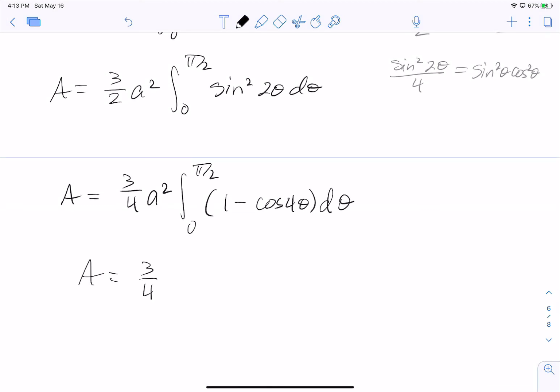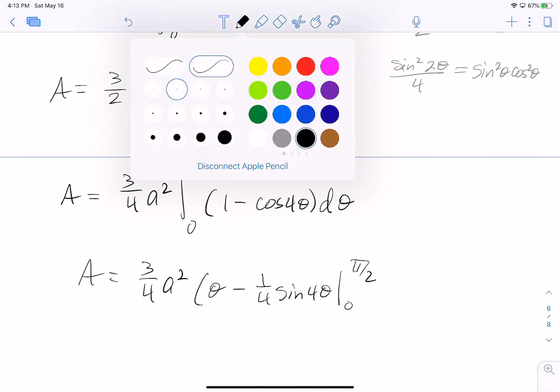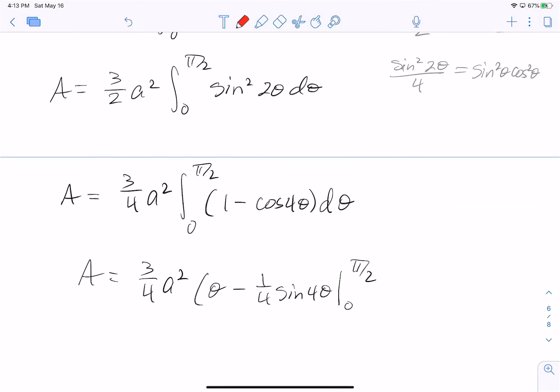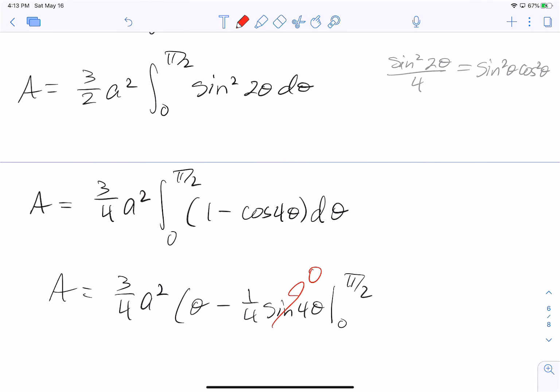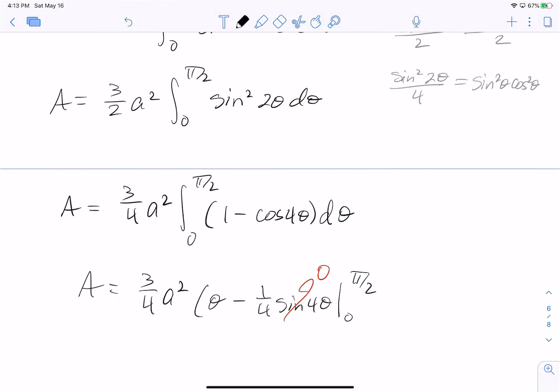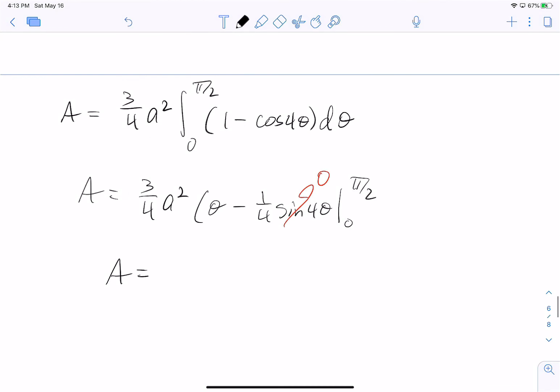So we get 3/4 a squared times the quantity theta minus 1/4 times the sine of 4 theta evaluated from 0 to pi over 2. And we again have the case where putting either 0 or pi over 2 in place of theta for the sine function is going to give us 0. Finally, then we can say that our area is equal to 3 pi a squared over 8.